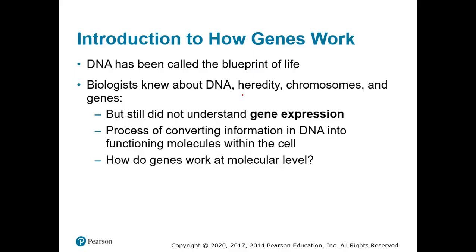How do genes work at a molecular level? And how do we get that information from DNA to a fully functioning product? How do we get the instructions for blue eyes from a sequence of bases to an individual with blue eyes? What is that process? What is that pathway?